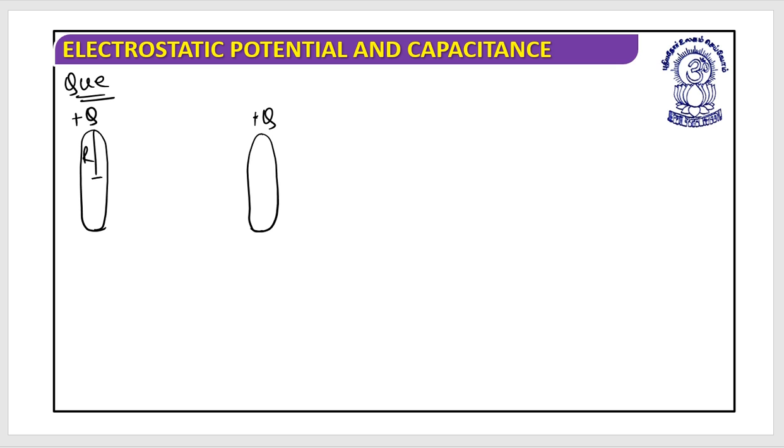Radius of this is r, even this is having a radius of r, and their center to center separation is x. Now this is location A and this is location B.